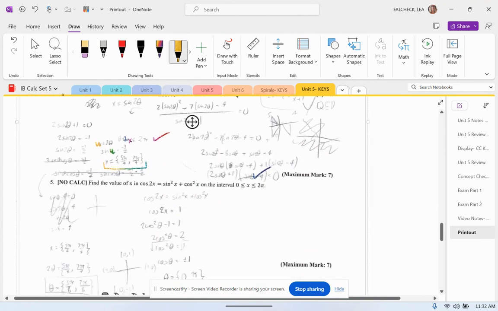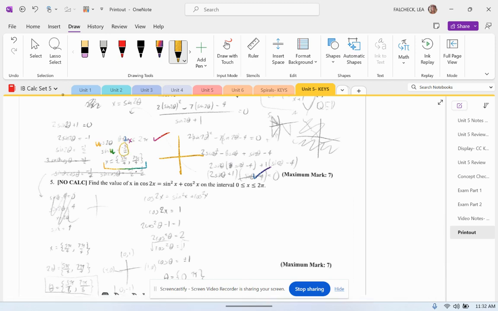Since we are negative, all students take calc, we would reject these two quadrants. We would end up in the bottom two. So we have a reference angle of pi over 6, and it's rotated into quadrant 3, meaning it's going to be 7 pi over 6, and rotated into quadrant 4, meaning it would be 11 pi over 6.